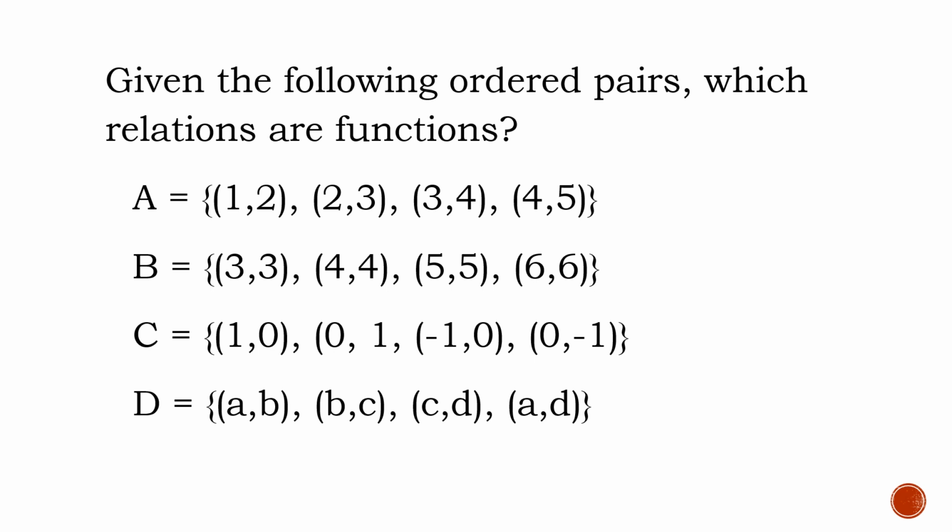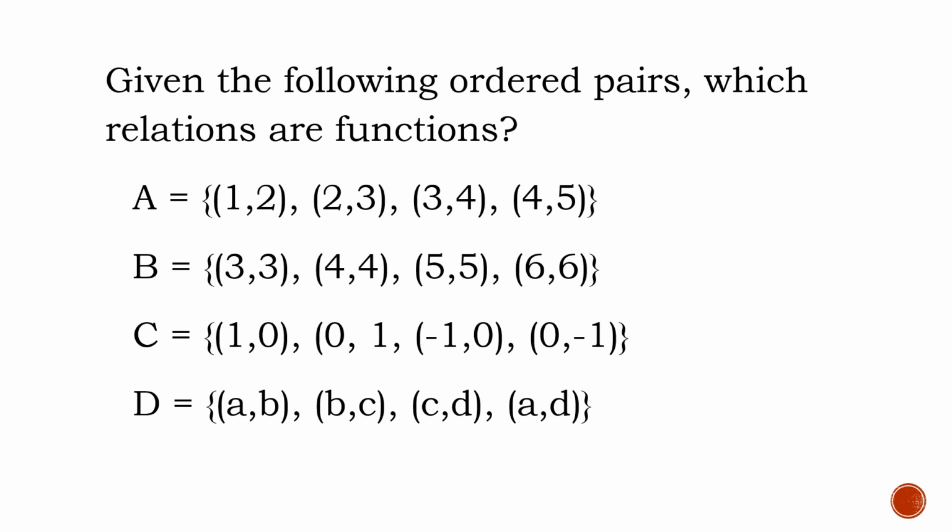So let's now apply the definition of your function and relation. With the given ordered pairs here, which relations are functions? So meaning to say these A, B, C, and D are considered as relations. But how can we check if the given set of ordered pairs here are also a function?